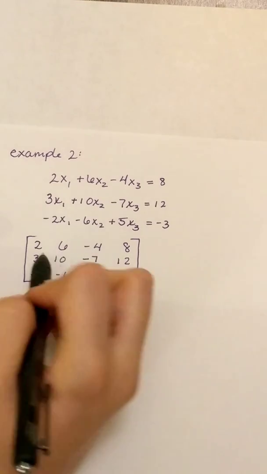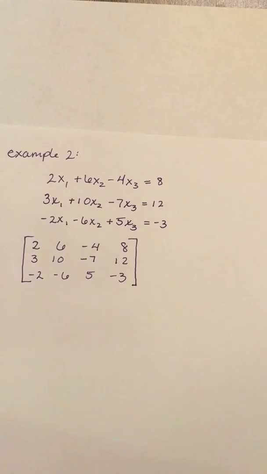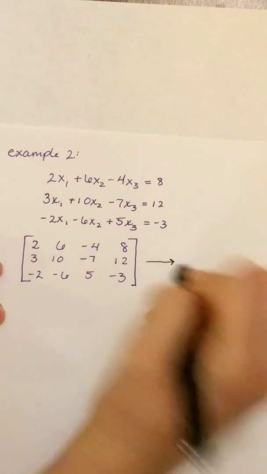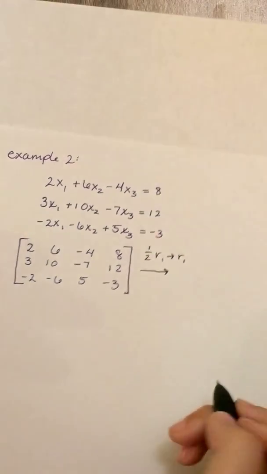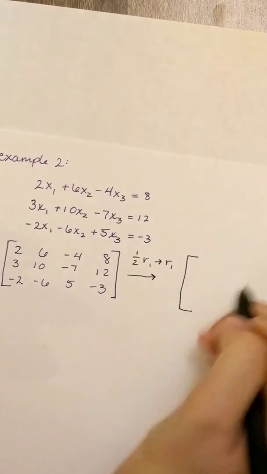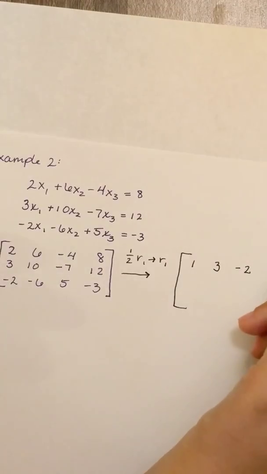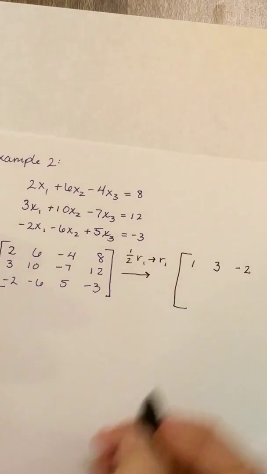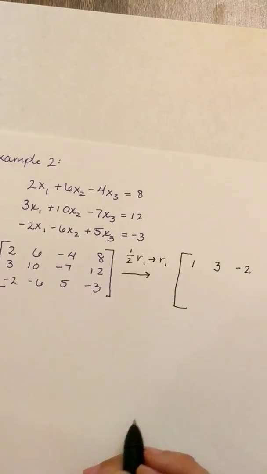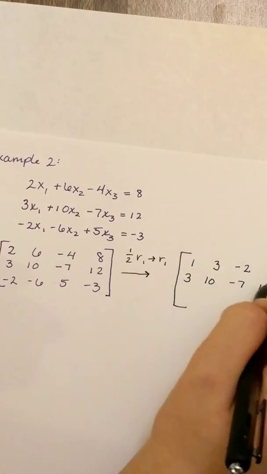And then there's something special with the first row. The first row is a scalar multiple of 2. So my first row operation is going to say 1/2 R1 to R1. So 1, 3, -2, 4. And then the other 2 rows don't change.